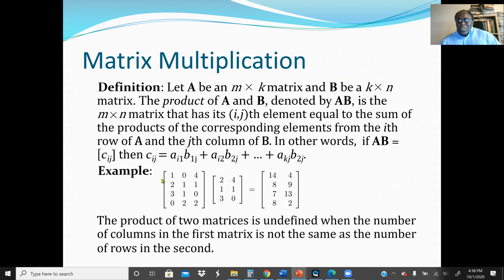Now if I take the second row of the first matrix and the first column of the second matrix, the answer we get should be in the second row and first column, which will be 8. So let's try that one. 2 times 2 is 4. 1 times 1 is 1. 1 times 3 is 3. 3 plus 1 plus 4 will give me 8. So that's why we have this 8.